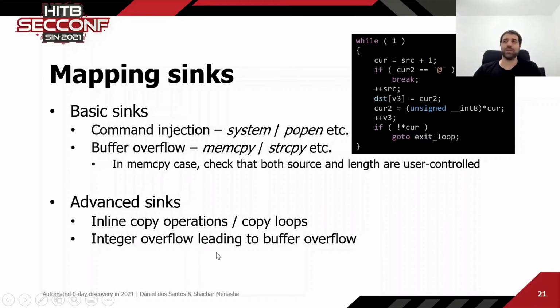So I said before that we use Unicorn in order to detect libc functions and other utility functions. And the way that it happens is that we use our own homegrown divination engine.